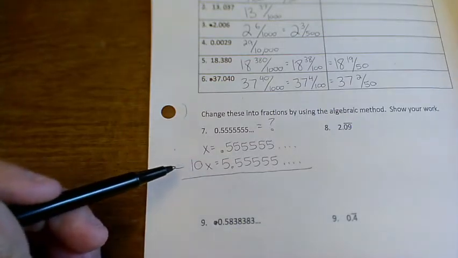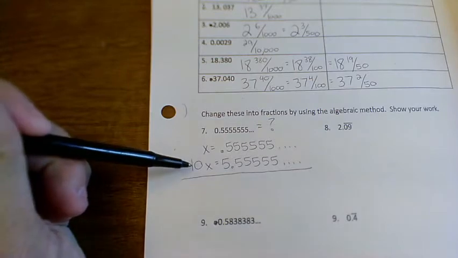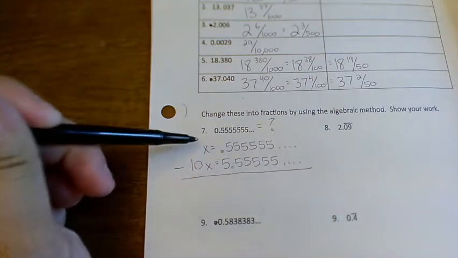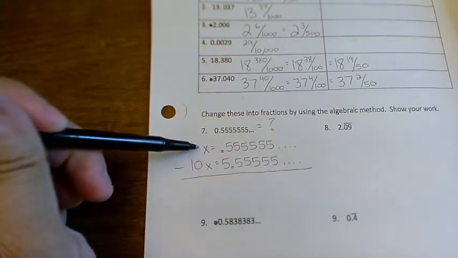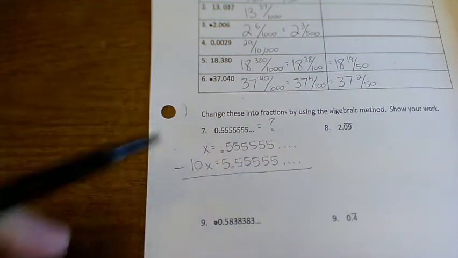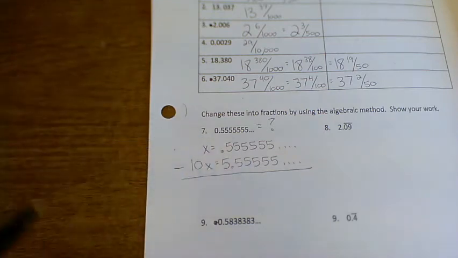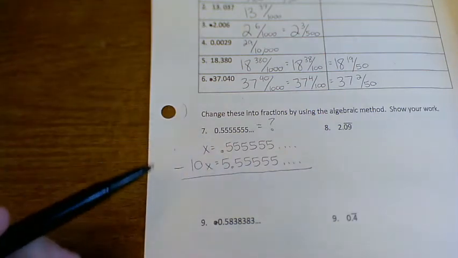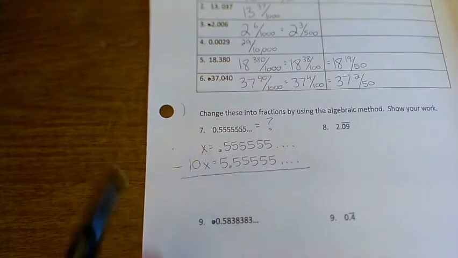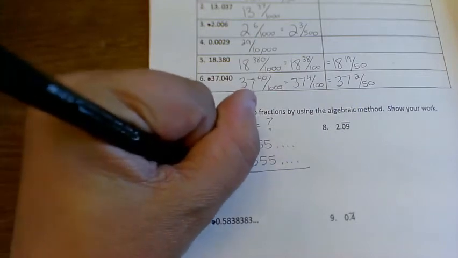So I'm going to subtract. Now, I'm going to subtract kind of backwards, and I'm going to go in reverse. Otherwise, if you go top to bottom, you're going to have a negative and then another negative. So it's just easier if you go in reverse. Not traditionally how you do things, but just trying to save some time. So 10x minus 1x would leave you with 9x.